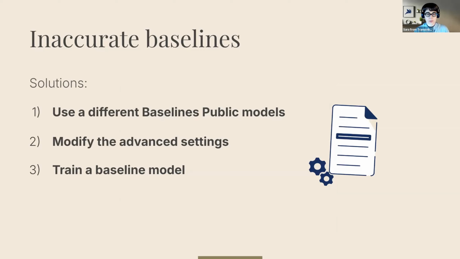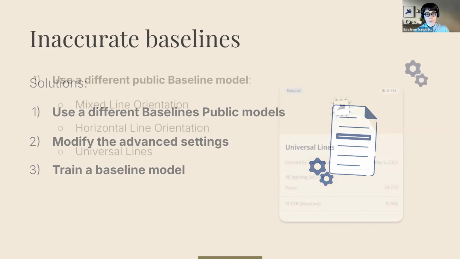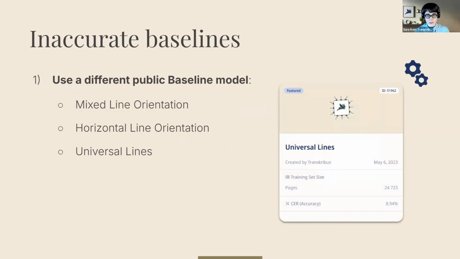The second is to modify the advanced settings, and the third is to train your own baseline model. When you run the layout recognition, even if you run it together with the text recognition, you are using a baseline model. So there is a model trained on the baselines that tells Transkribus how to recognize the baselines on your page. There are a few public models.